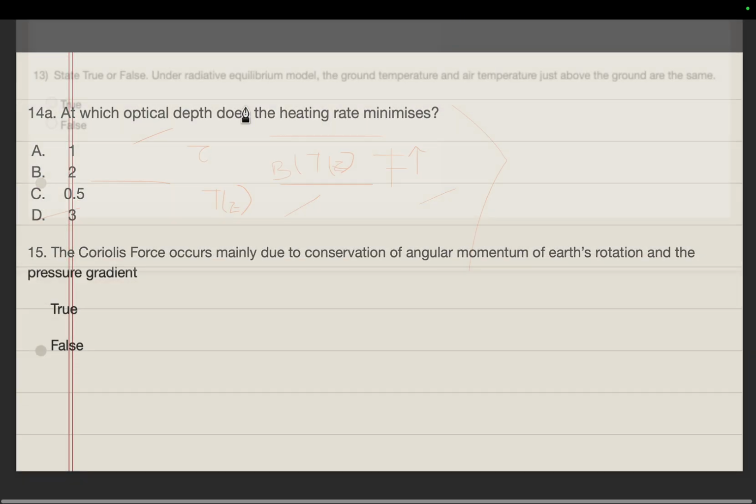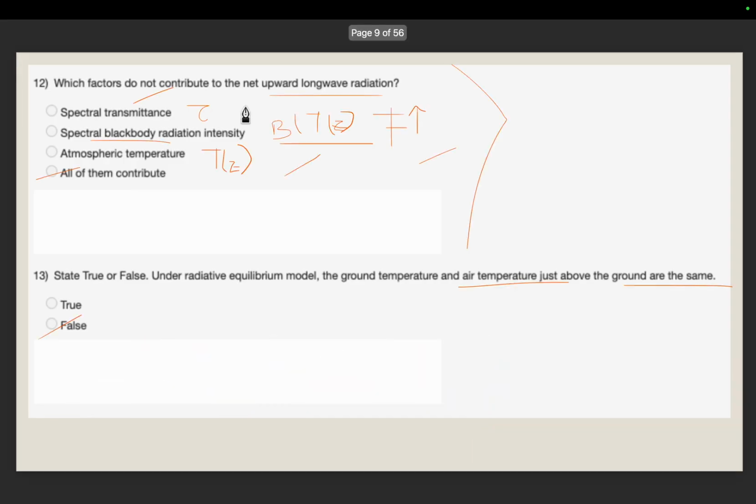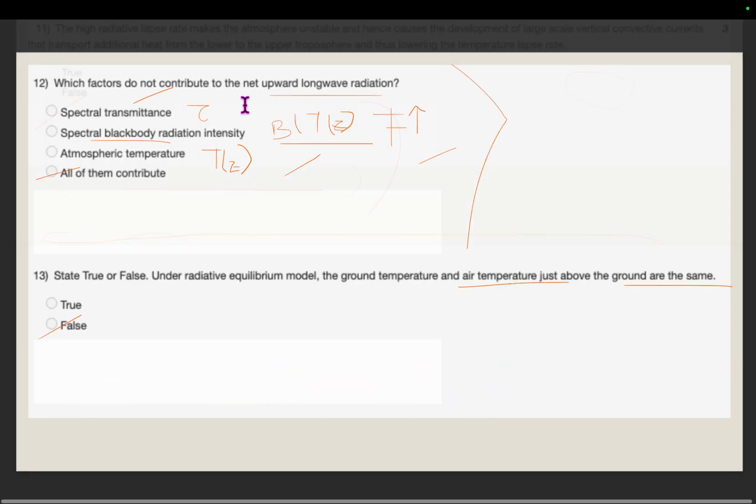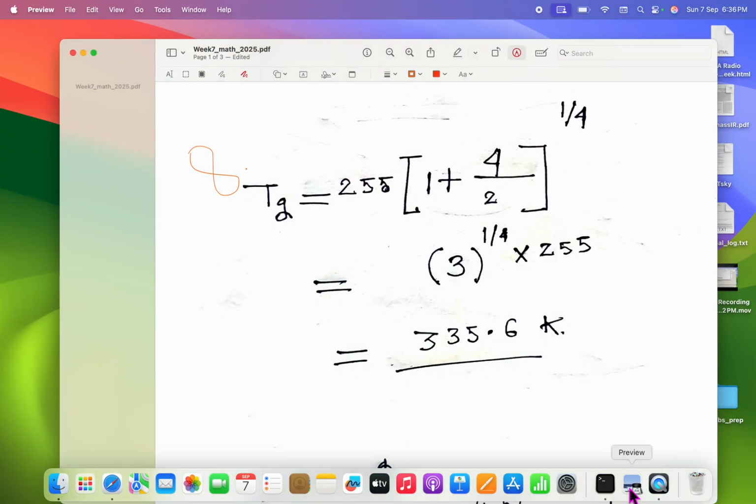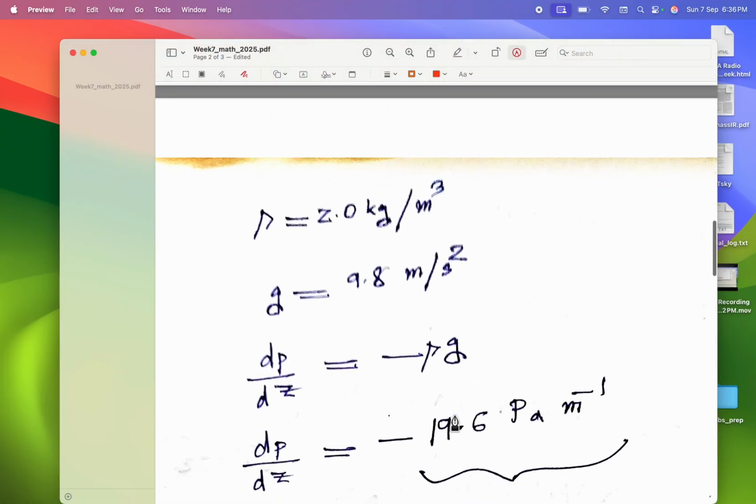Sorry, T is not the emission temperature. It's the black body temperature, the black body emission temperature of the atmosphere at the top of the atmosphere. T is the black body temperature. And for the air temperature, you can rewrite this formula for the air temperature also.